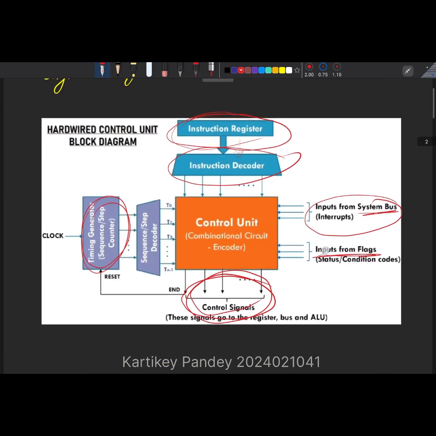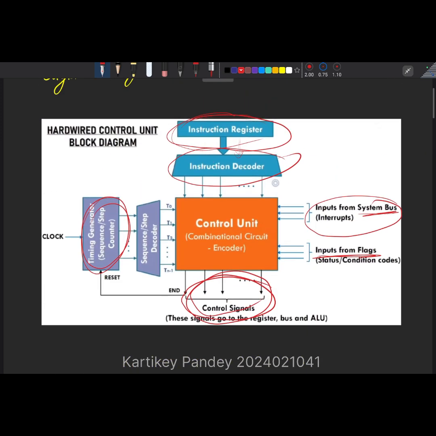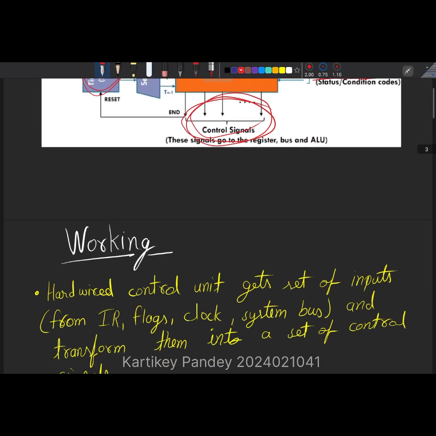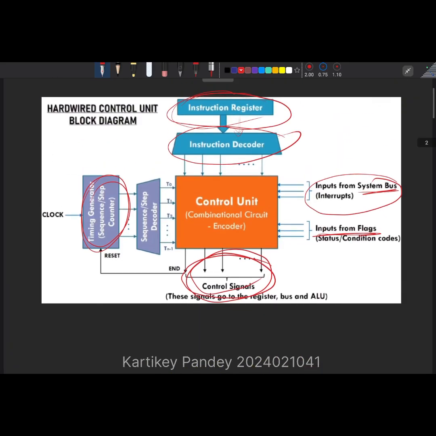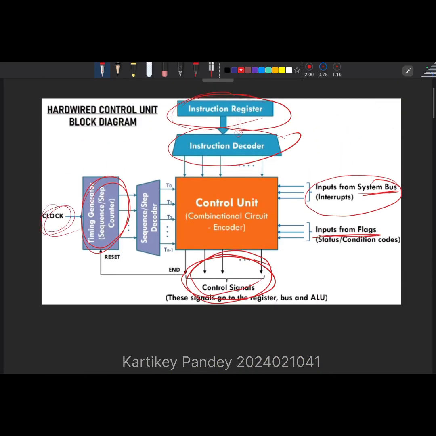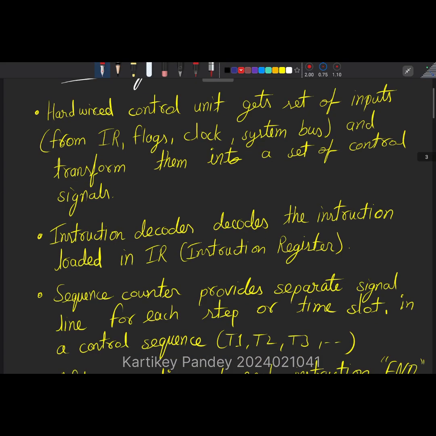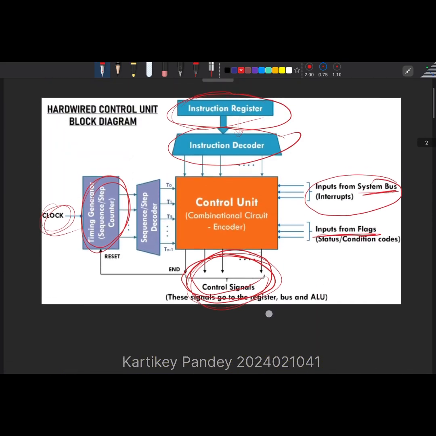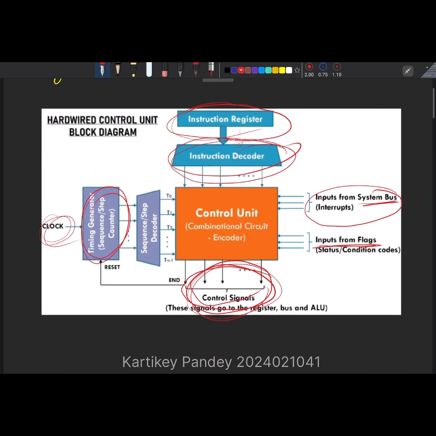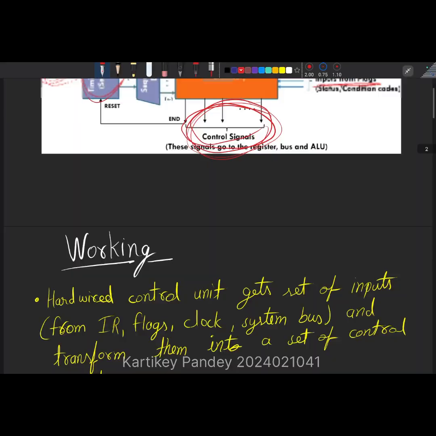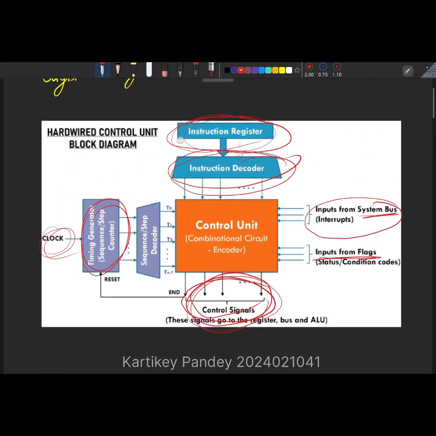Like here we can see that it is getting input from the IR, system buses, flags, and this clock, and then it is converting them into control signals. Now the instruction decoder decodes the instruction loaded in the IR, the instruction register.